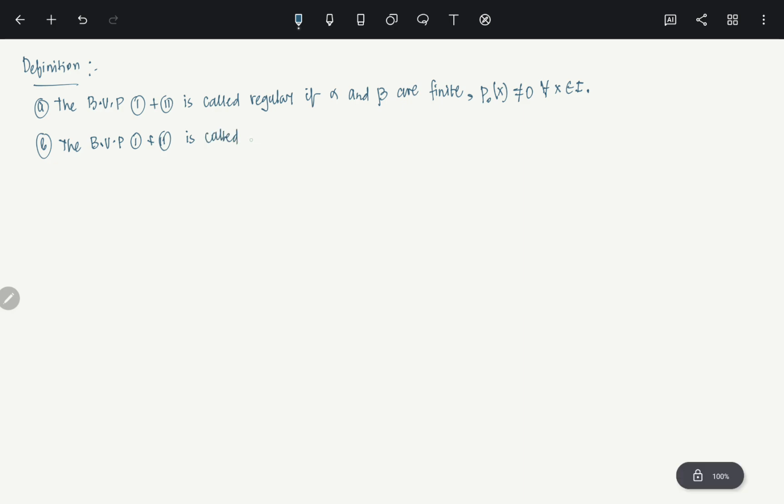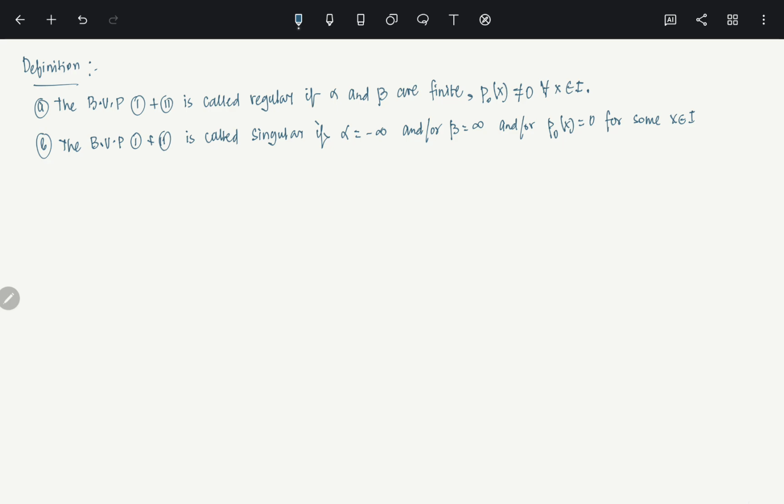Now this is called singular, if alpha is minus infinity, so there is no lower bound, and/or beta is infinity, either one of them is infinity, or p naught of x is 0 for some x in I. Then we call this problem a singular problem.